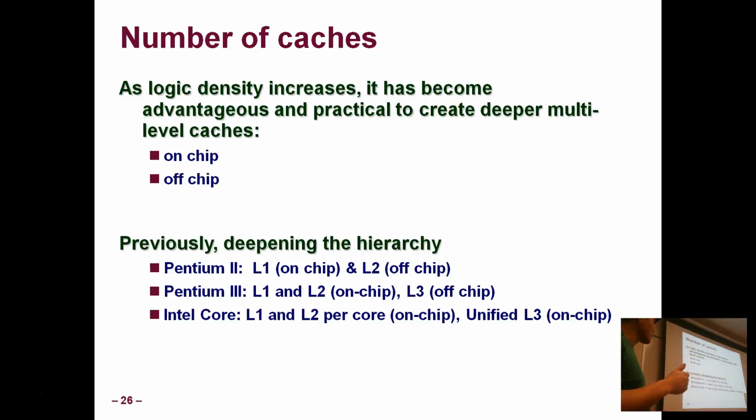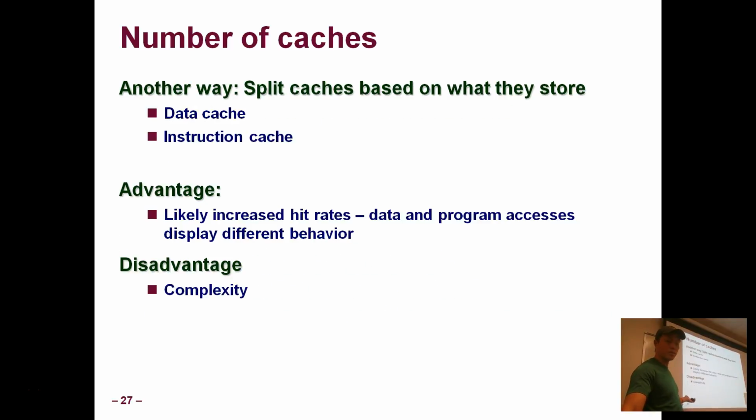We saw previously that the hierarchy has deepened, starting from the Pentium 2, which only had a single L1 cache on chip, and then L2 was off chip, all the way to the Intel Core, where there's an L1 cache and an L2 cache per core that's on chip. Then we have a unified on-chip cache, L3, and then L4 is off chip. So now we've gotten these multiple levels. So that's one way to increase the number of caches on your CPU.